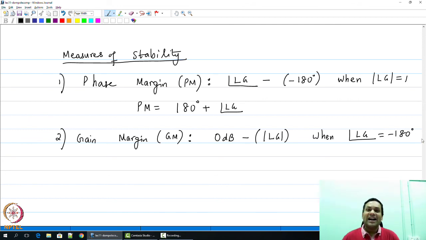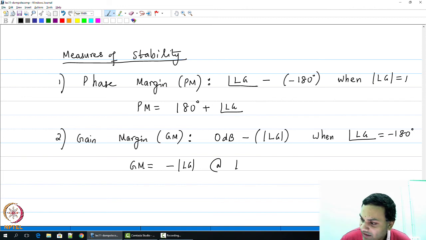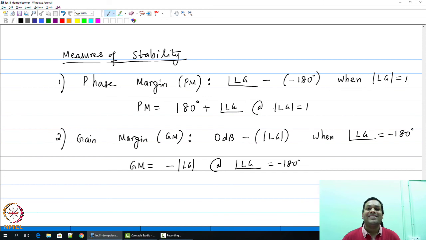In other words, ideally the loop gain should be less than 1 when the angle is 180 degrees, so that the system is stable. So this is clearly the negative of the magnitude of the loop gain when the angle is minus 180 degrees, and similarly this is calculated when the loop gain is 1.